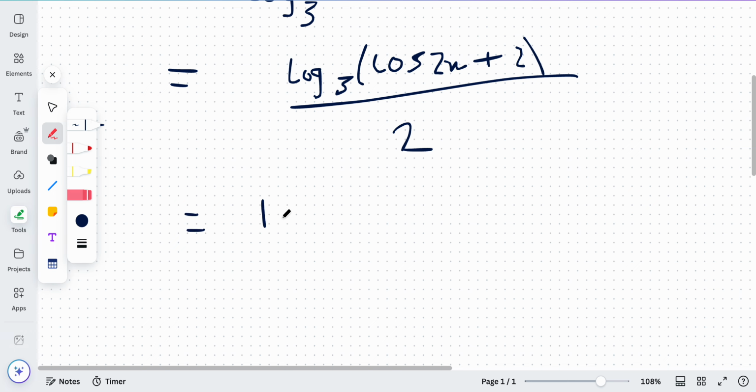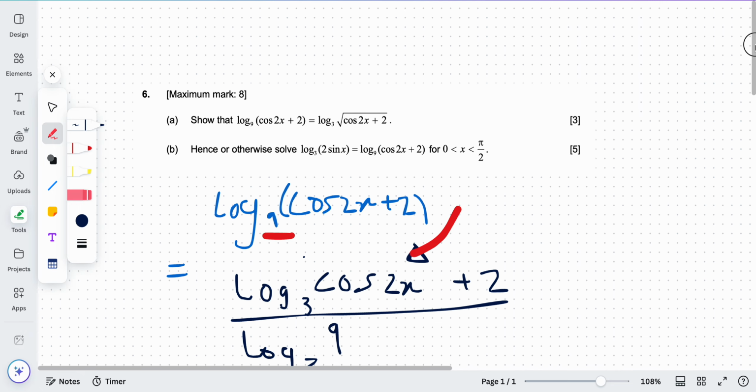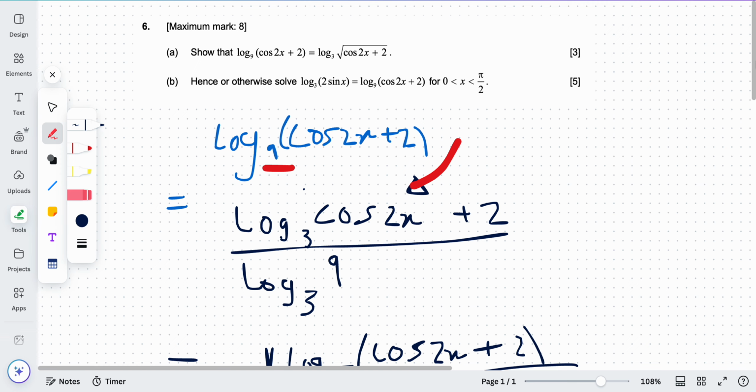You have log base 3, and because there's a half at the front, this 1 over 2 is a half, and by that rule it becomes the power, so it would be the square root of cos 2x plus 2. So that's part A. That should be 3 marks.